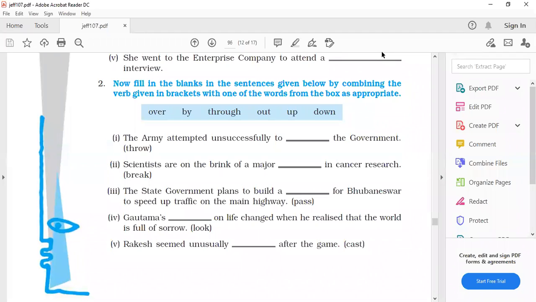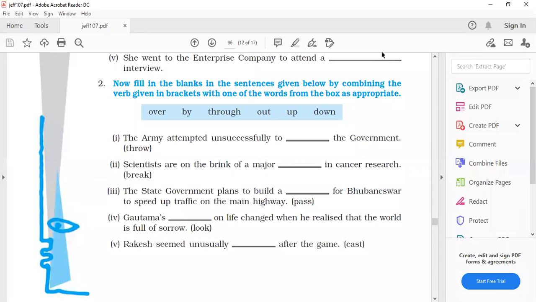The same thing which you have done in the first exercise is to be done in the second. They have given you the prepositions or particles or adverbs, and the verbs are given in brackets. You have to combine both to fill the blank. The army attempted unsuccessfully to overthrow the government.